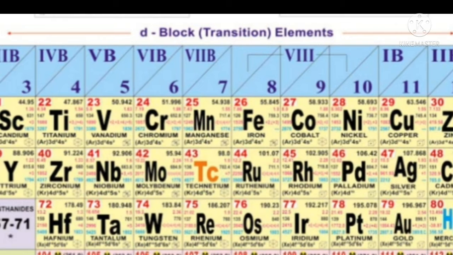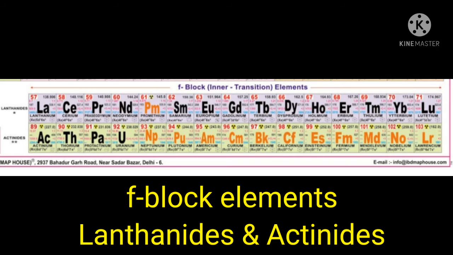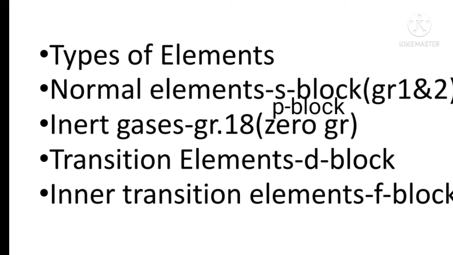At the bottom of the periodic table there are 2 series of elements, the lanthanide series and the actinide series. The elements from these 2 series are F block elements.